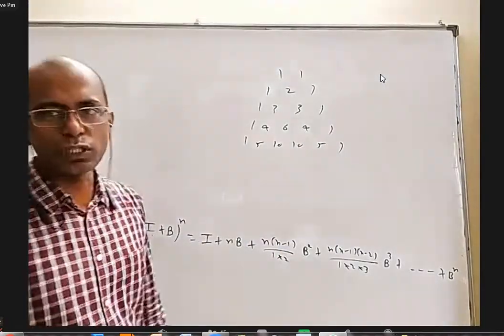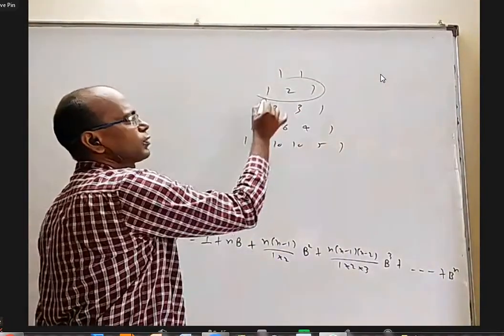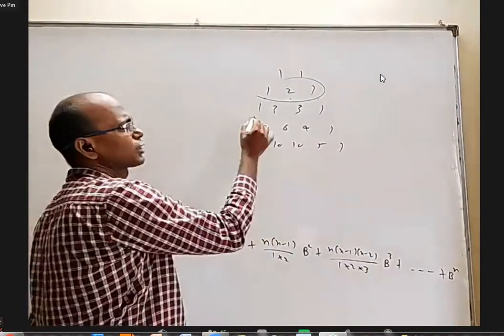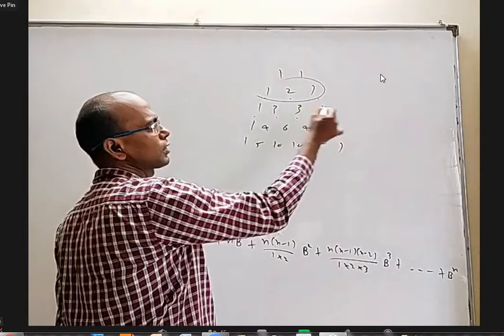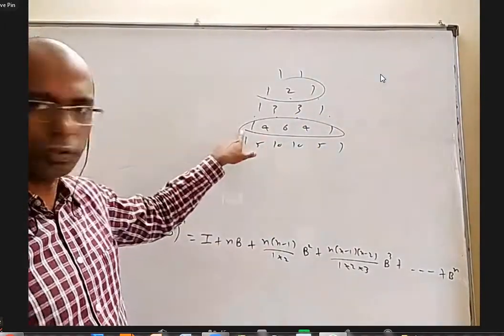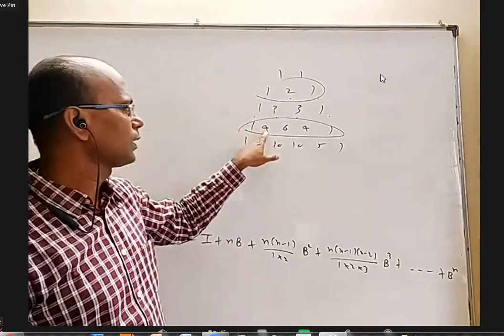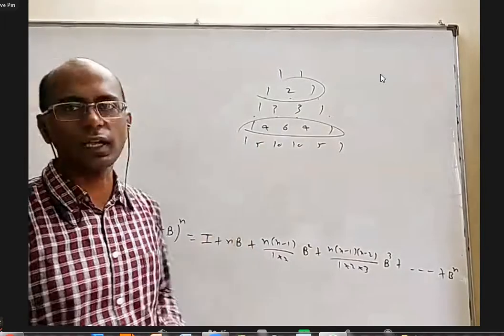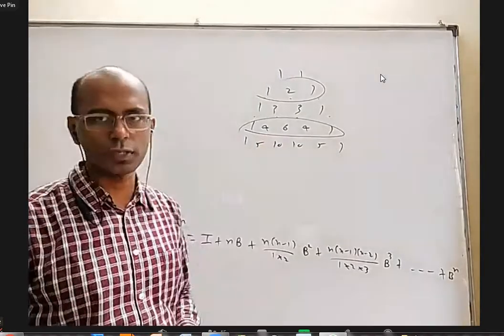In (a plus b) whole square, these are the coefficients: a square plus 2ab plus b square. In (a plus b) whole cube, these are the coefficients: a cube, 3a square b, 3ab square plus b cube. This is exactly what I wrote for (a plus b) whole power 4: a power 4, 4a cube b, 6a square b square, 4a b cube, and b power 4. Just now somebody asked for power 5. I wrote it based on this one.